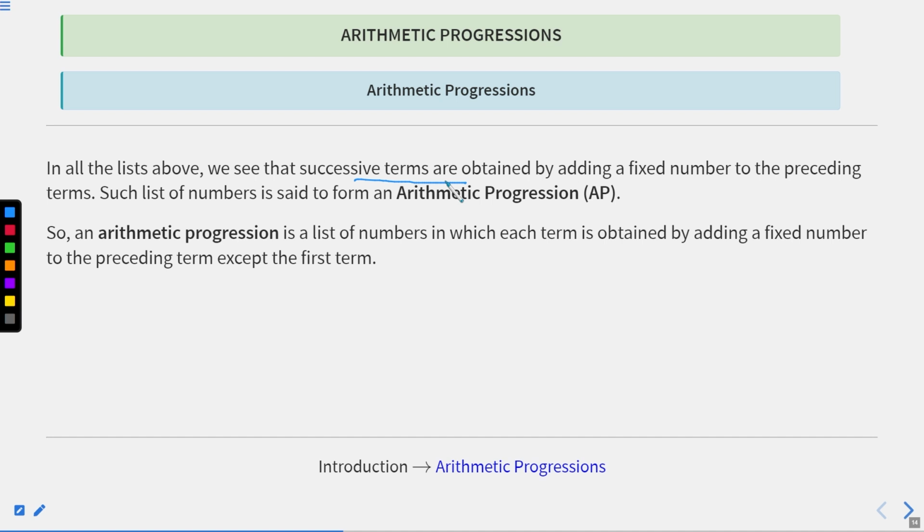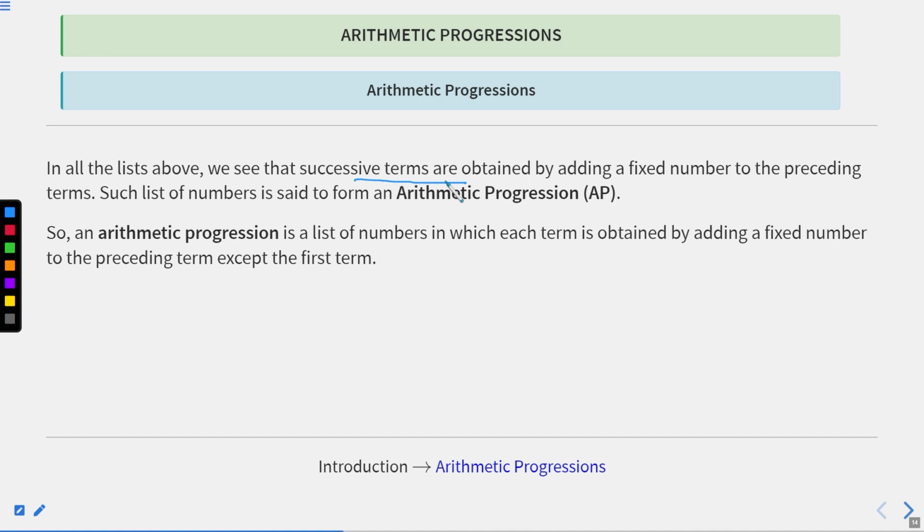So when, in a list of numbers, the successive terms are obtained by adding a fixed number to the preceding terms, such a list of numbers is said to form an arithmetic progression.